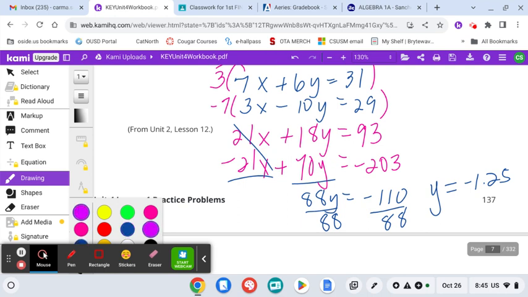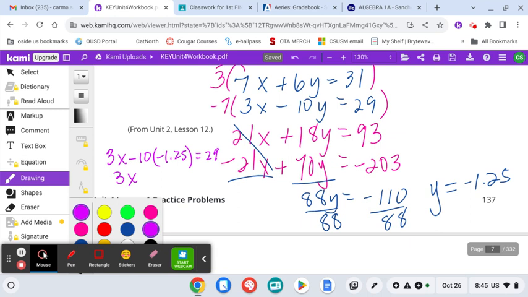but let's say we chose 3x minus 10y equals 29. And 10 times 1.25, can you do that one in your head? You got it.